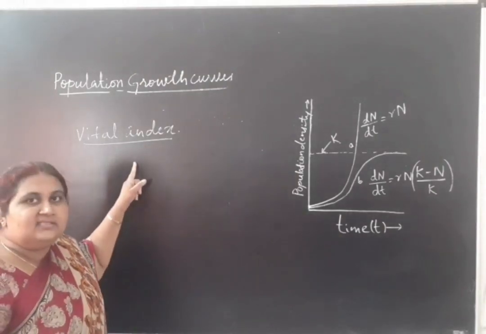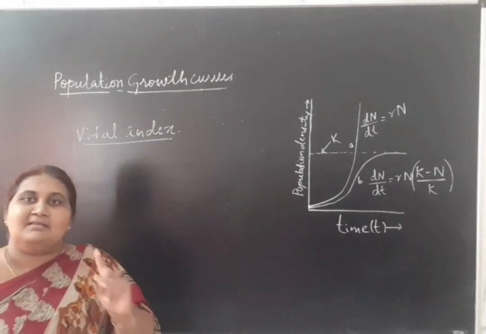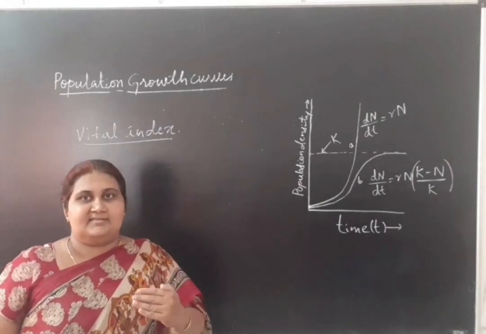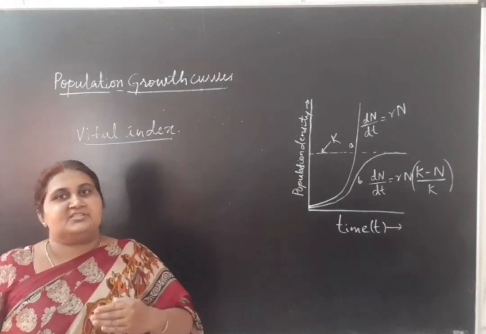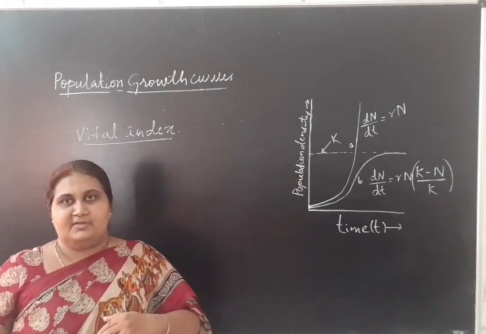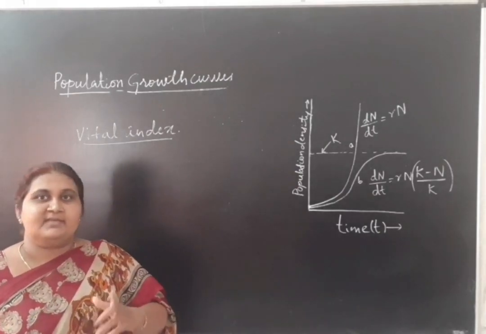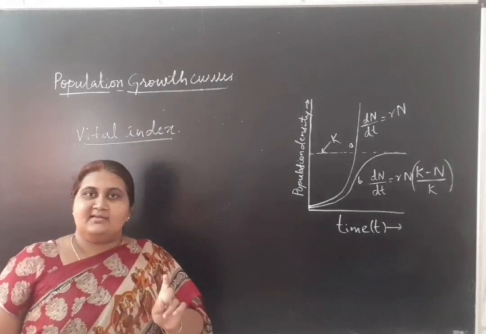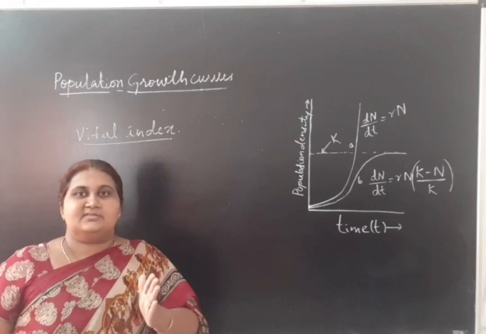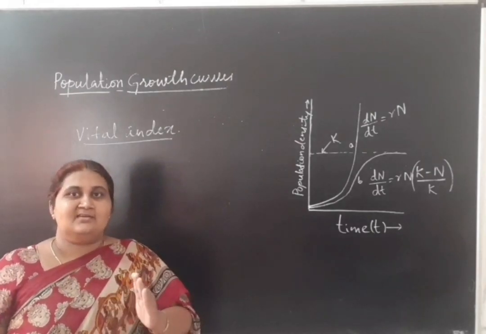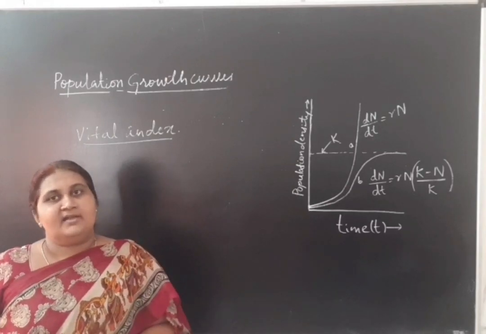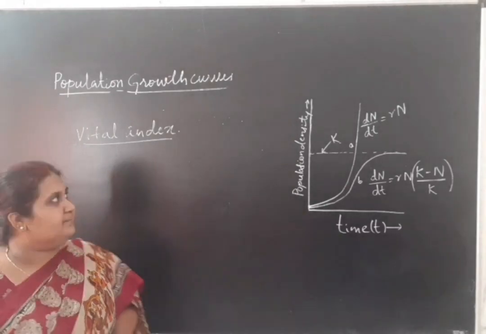When the vital index value is less than 100, then the population size will be declining. So even by seeing the vital index of any population, we can tell whether the population is increasing or declining.